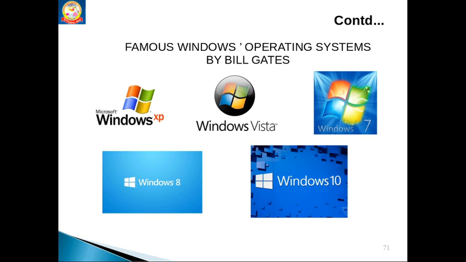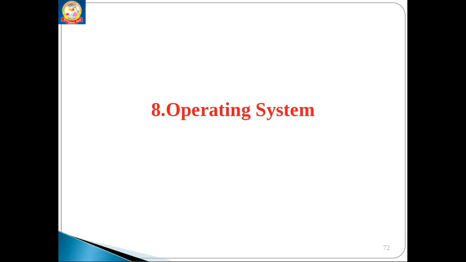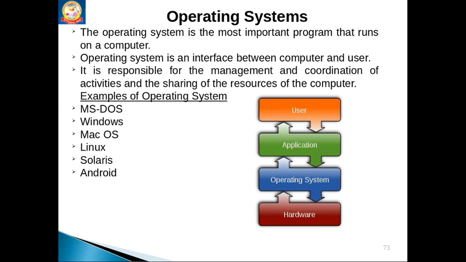And the Windows operating system by Bill Gates. Some famous Windows operating systems: Windows XP, Windows Vista, 7, 8, Windows 10. The latest is Windows 10. This is about peopleware, meaning different people, their inventions, and their role in the development of computer hardware and software. Next, let's move to the operating system.